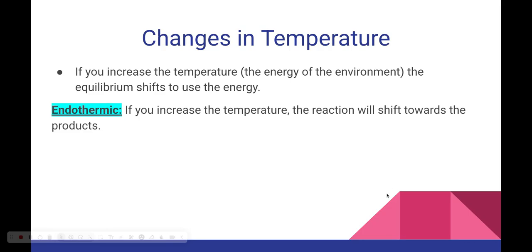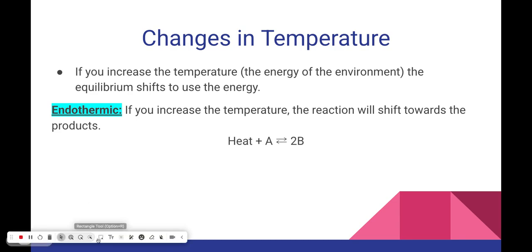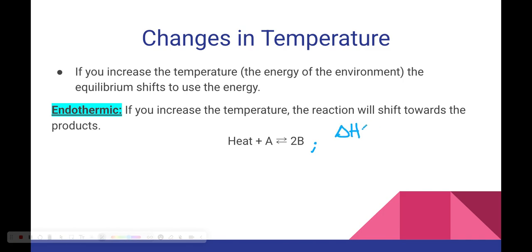If it's endothermic, and you increase the temperature of the surroundings, then the reaction will shift towards the products. You'll notice, guys, that I have heat written here as a reactant. When you have heat written as a reactant, that means delta H was in fact positive, right? Because delta H, that's enthalpy, our heat energy, means it's going into the system. So if we increase the heat of the surroundings for an endothermic reaction, how does the equilibrium respond?